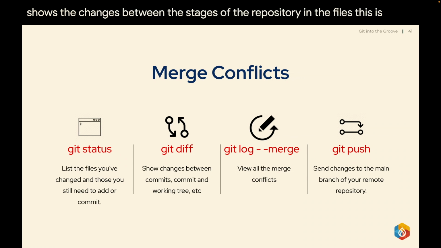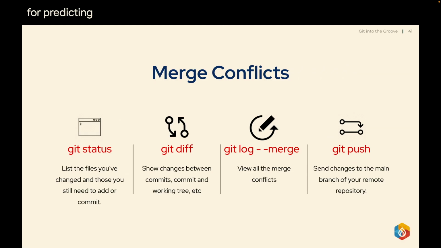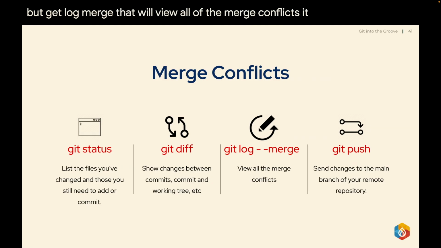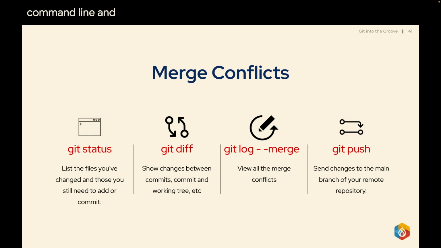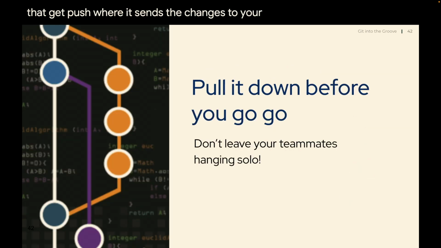This is useful for predicting and preventing merge conflicts. Predicting is kind of a weird word, but git log --merge will view all of the merge conflicts. It will list them on the command line. And then again, if you're feeling confident, you can do that git push where it sends the changes to your remote branch.